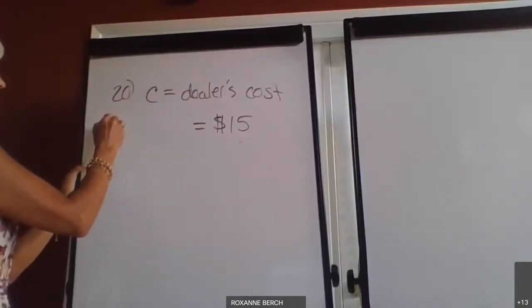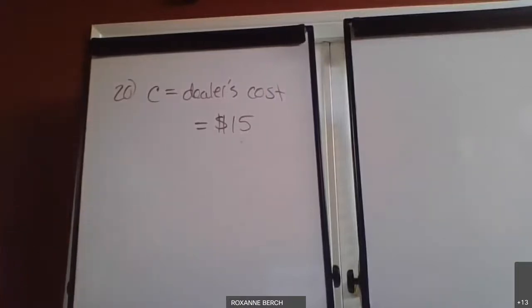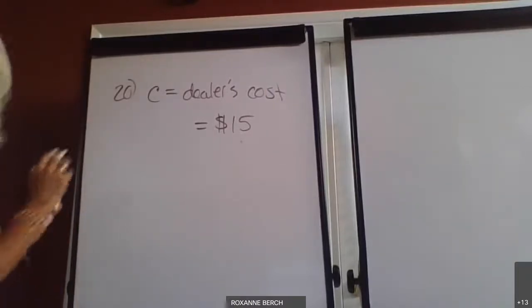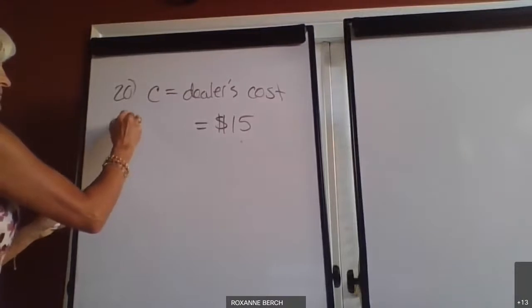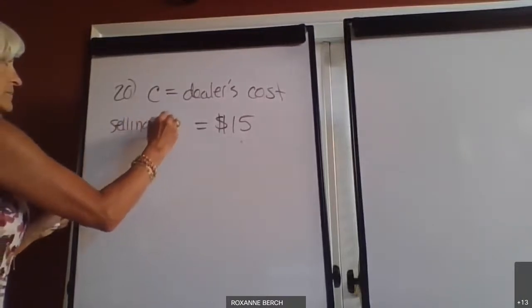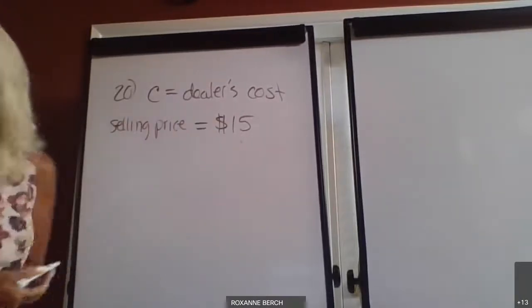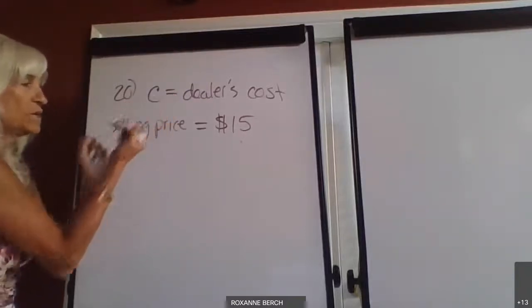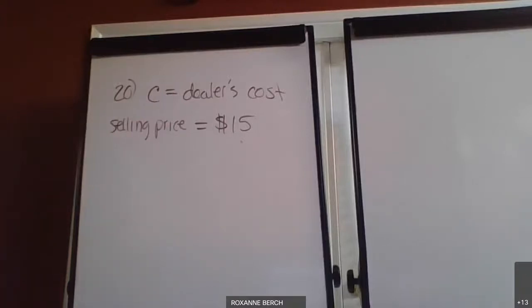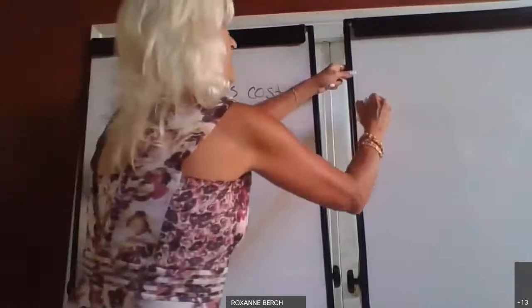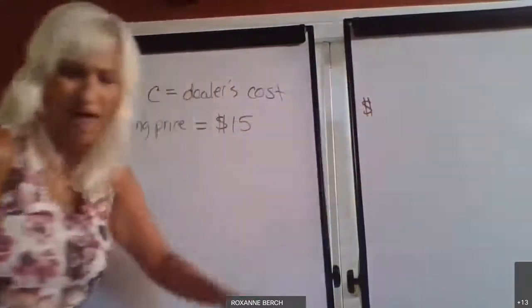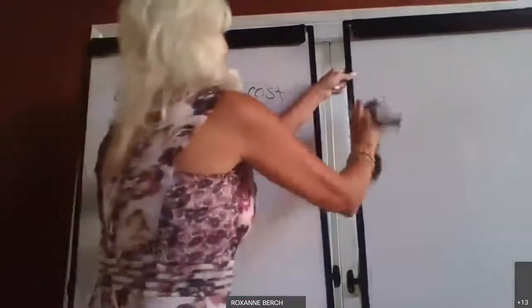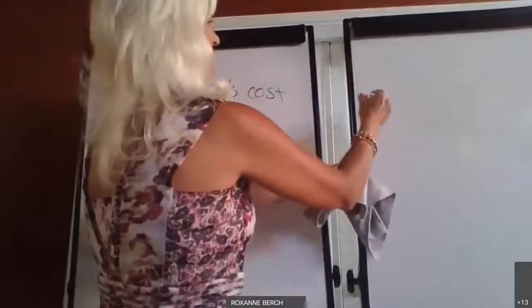So that's the calculator. What do they call it? The selling price. It's $15. So we want to represent the selling price using the variable. So it says that the markup is 25%. That's a lot. This person's going to make a lot of money.